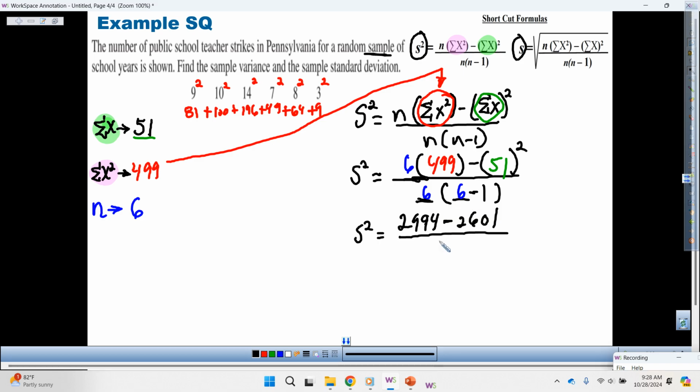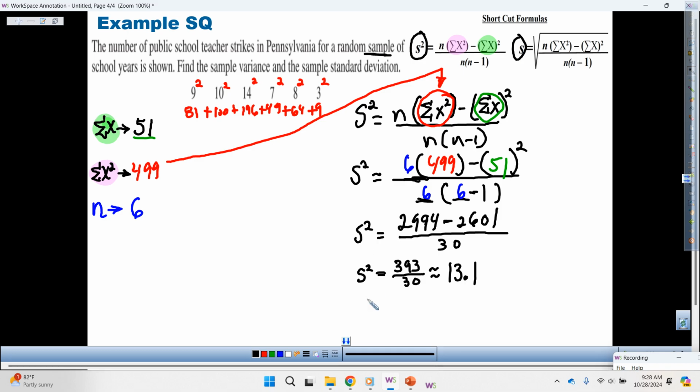What is 6 times 5? 30. So, sample variance, 2994 minus 2601, that's 393, divided by 30. 393 divided by 30 approximately is 13.1. All right.